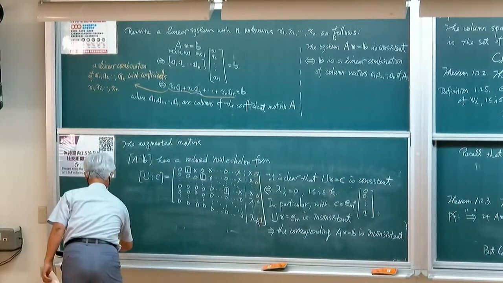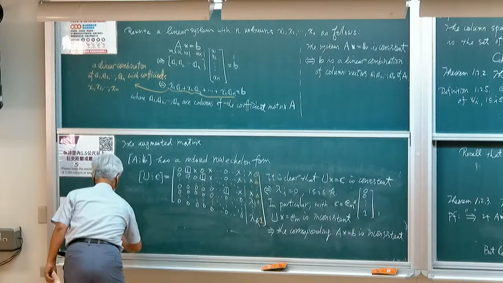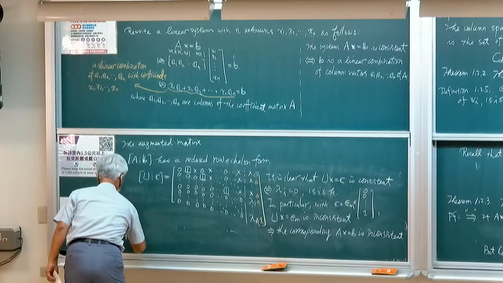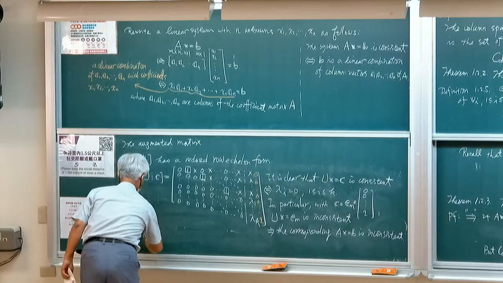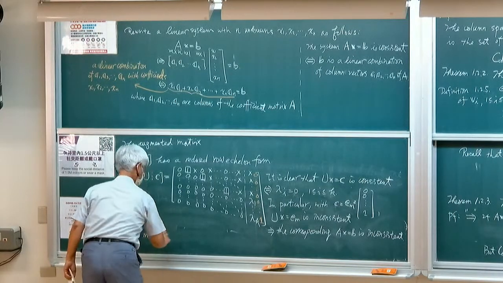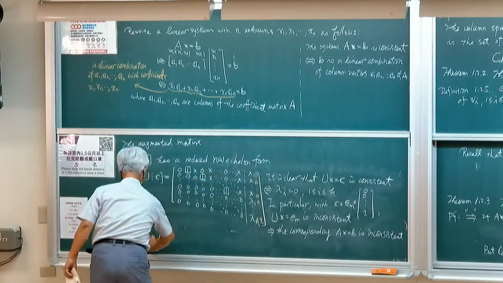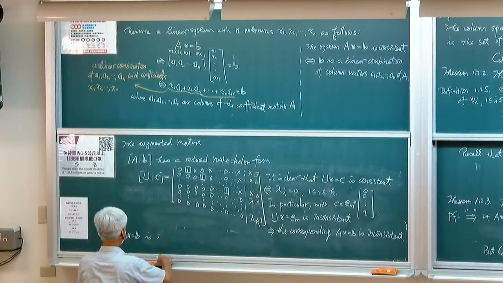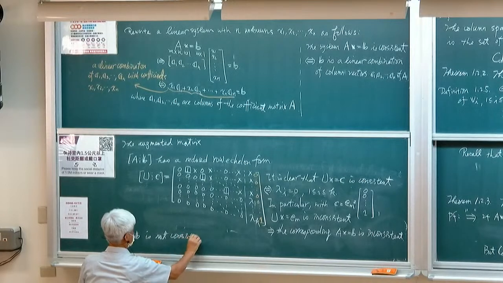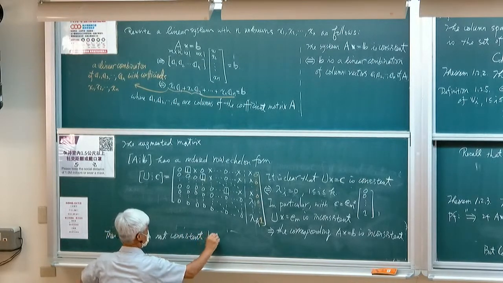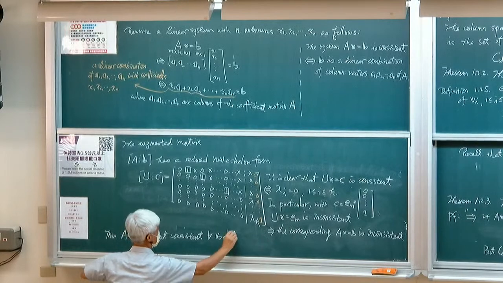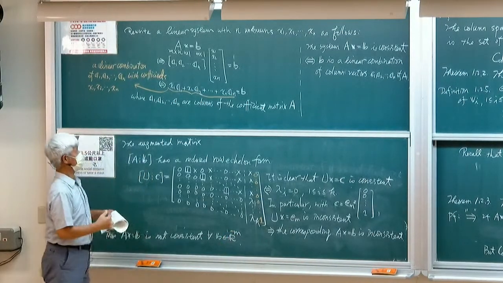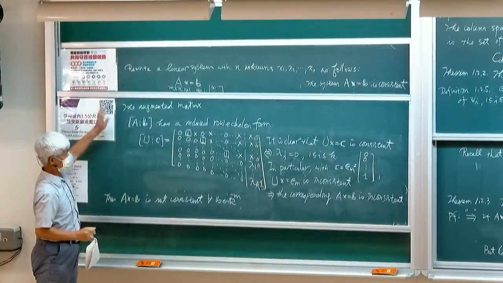Thus, Ax equal to B is not consistent for all B in Rm. So we have two situations to see here.